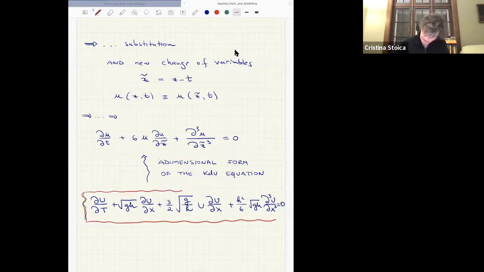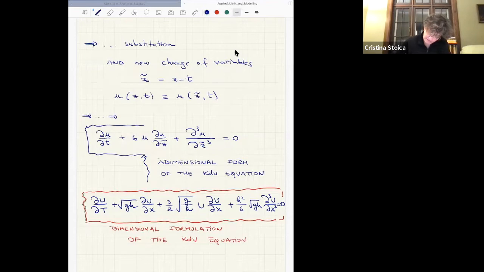the equation in red is the dimensional formulation of the KdV equation, whereas this one in blue here is the adimensional formulation of the KdV equation.